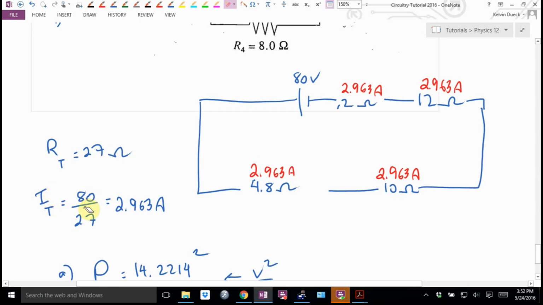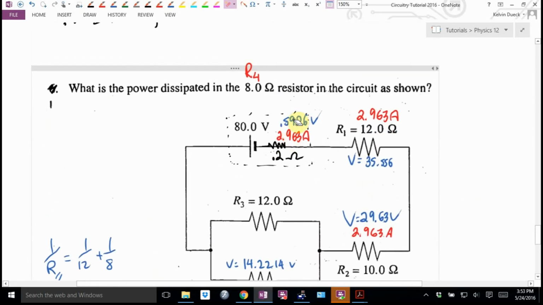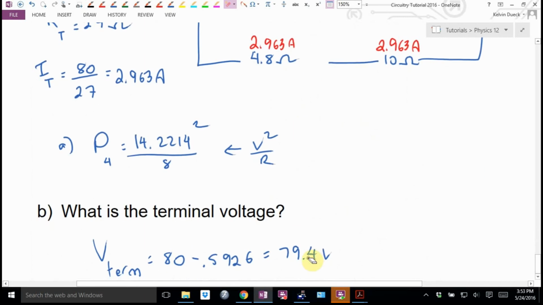Smaller, which would make this voltage loss smaller. The little 0.5926 might be a 0.5426, which would make your terminal voltage bigger.